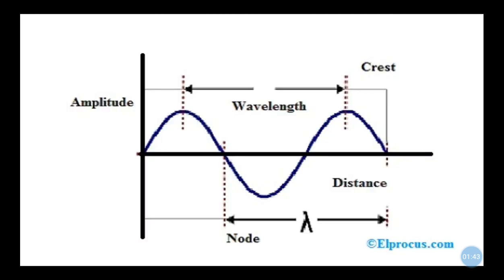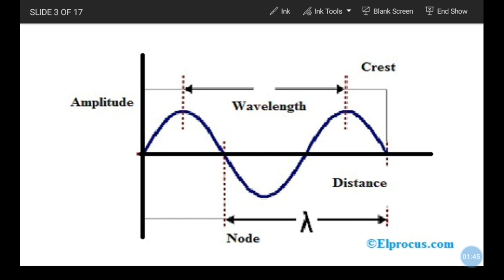So here in this figure, the distance between any two consecutive crests is known as wavelength, or the length of a single wave is also known as wavelength.